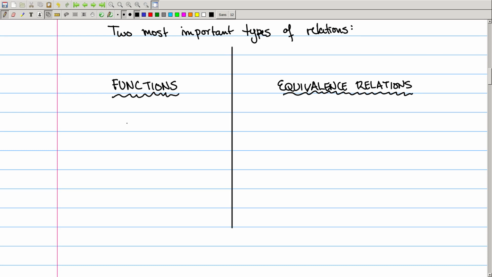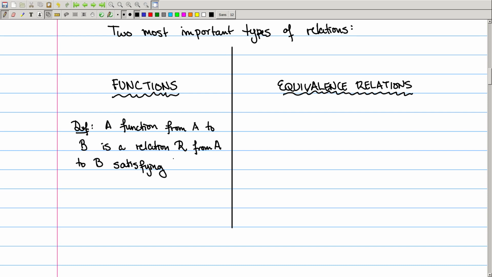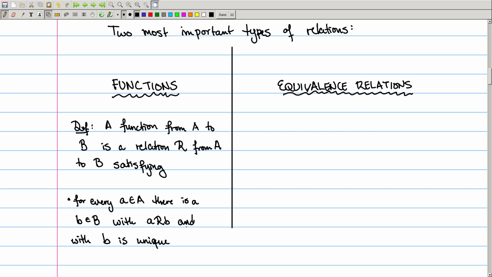Now let's start out by defining functions. A function is a relation R from A to B satisfying a very particular property. For every a in A, there is a b in B with aRb, that is to say with a related to b via the relation R. And moreover, the value b corresponding to that a is unique.